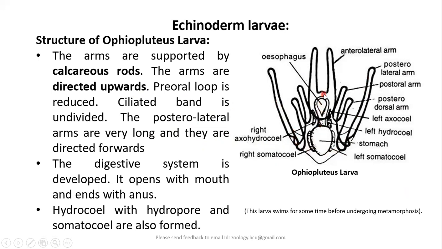The digestive system is also well developed. It opens with a mouth at the anterior end and with an anus at the posterior end. We can also see the development of hydrocoele with a hydropore and somatocoele.